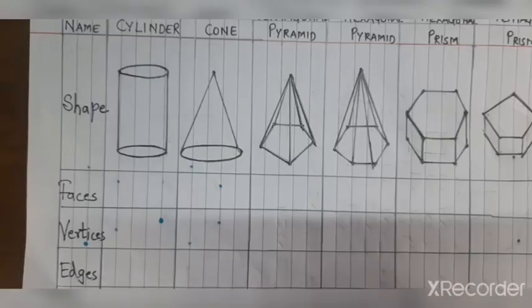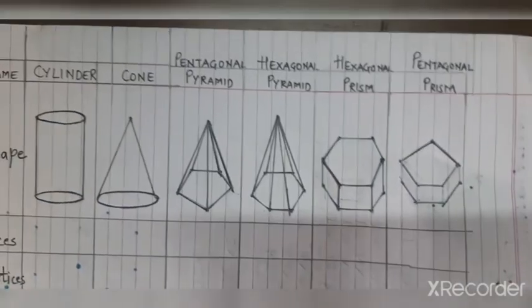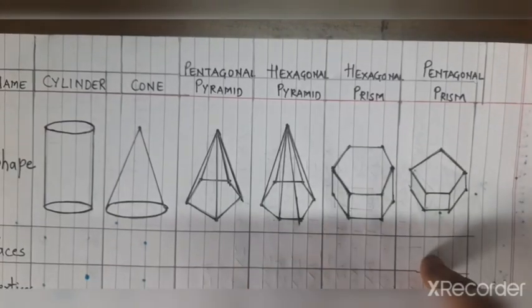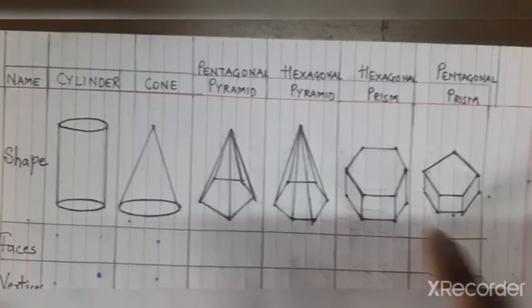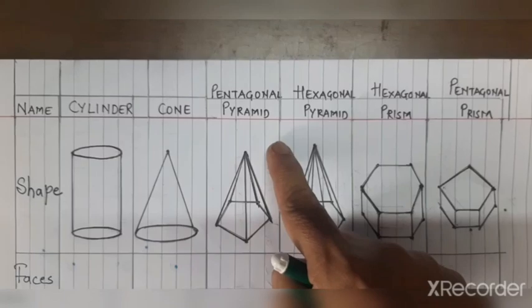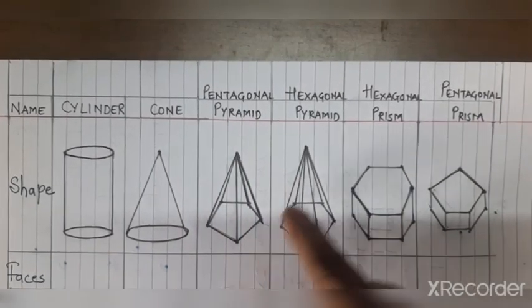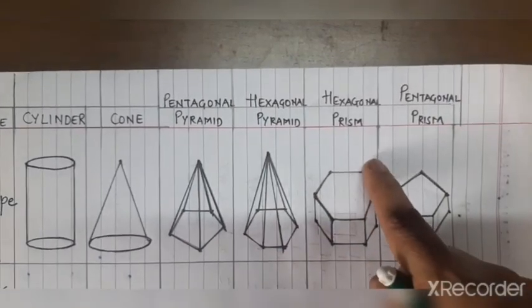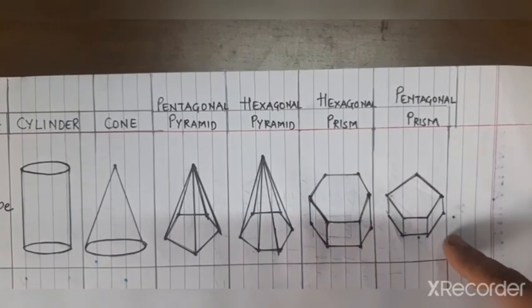Okay. Now in your textbook, in practice set 41, there is a chart where they have given the shapes of these 3-dimensional shapes: a cylinder, a cone, a pentagonal pyramid, a hexagonal pyramid, prism, hexagonal prism and pentagonal prism.